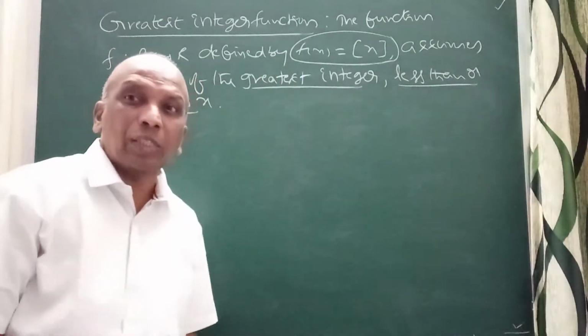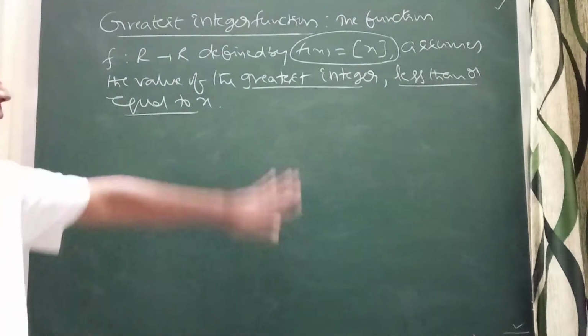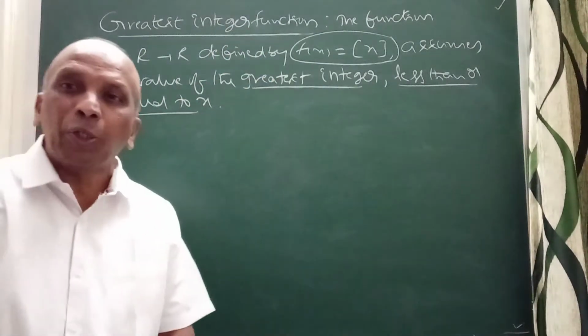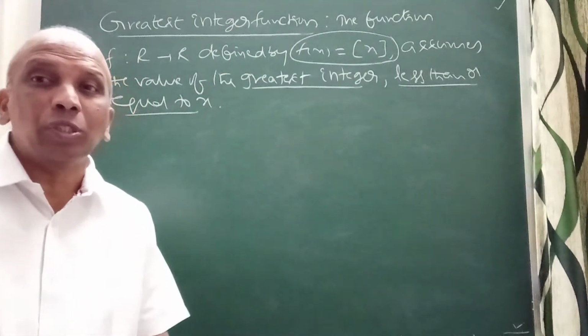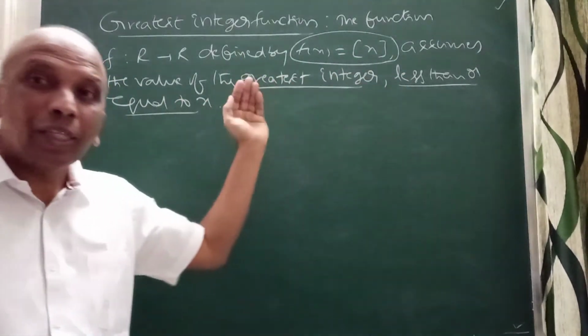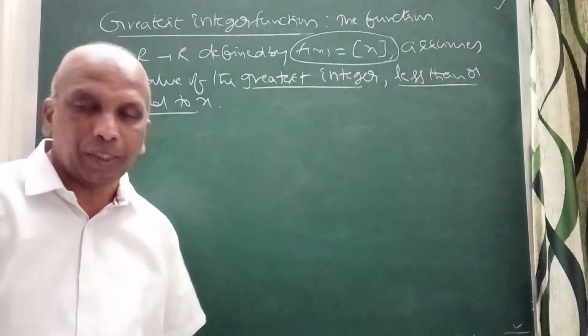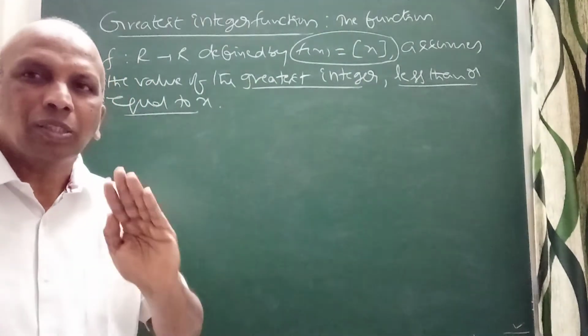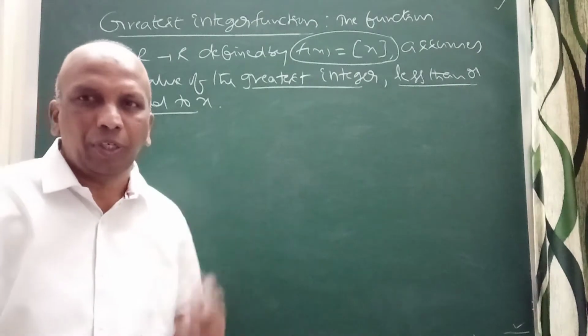I will explain now. Less than or equal to x is called the floor function or greatest integer function.